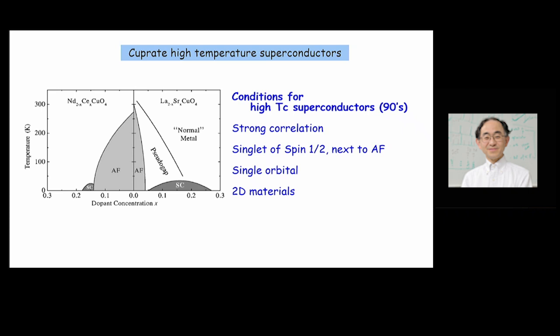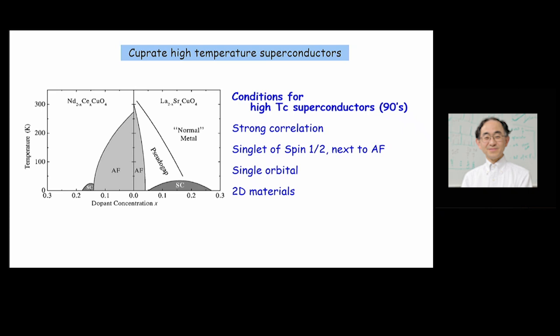Okay, and then I want to mention that in the 90s, maybe some of you were not yet born, right? But in that case, we had four conditions for a high Tc superconductor: strong correlation and singlet over spin 1/2. The fluctuating spin is essential, and then a single orbital.